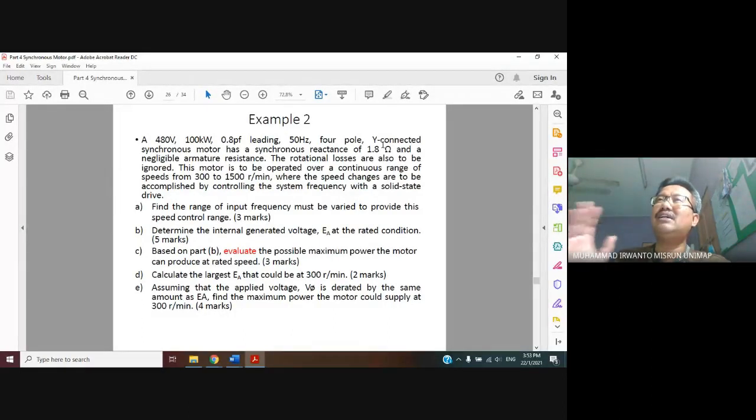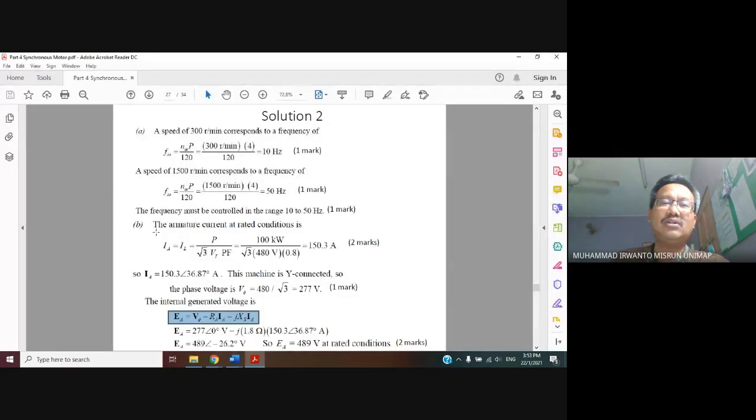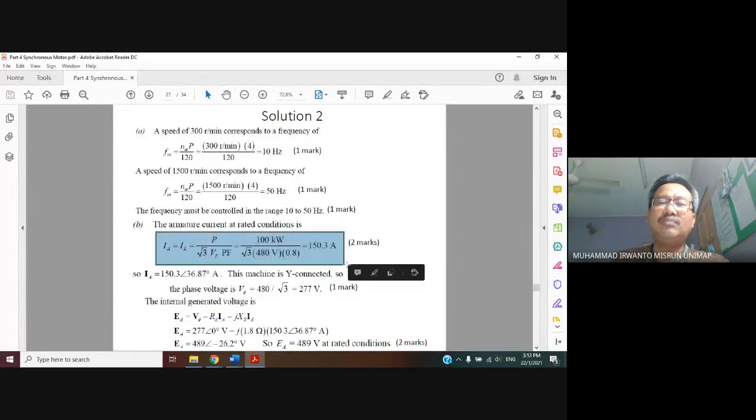Phase current here is armature current. Now so first we can find the value of IA, and then we can find from the input power. Now so the input power is given by square root of 3 times line voltage, I line, power factor.